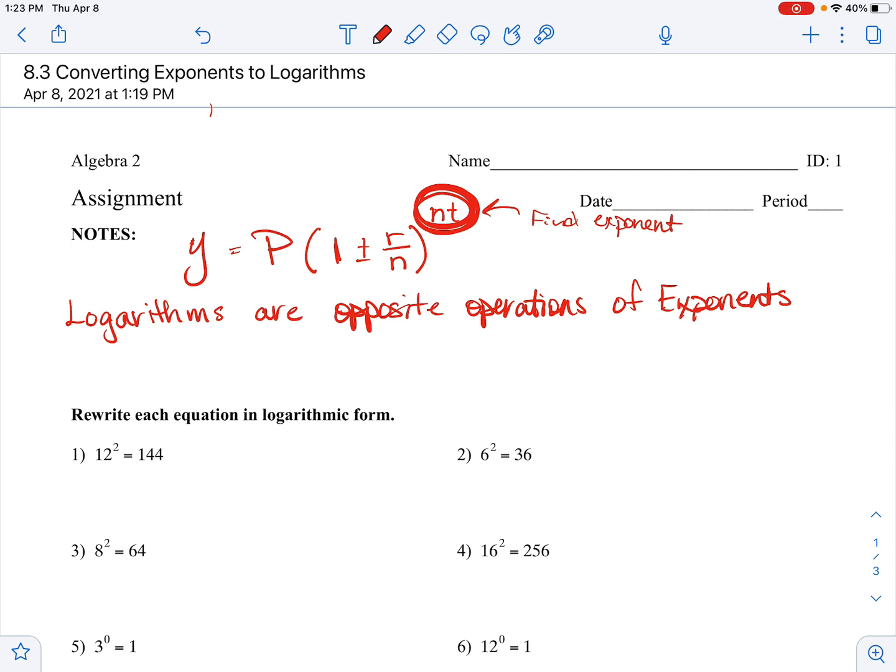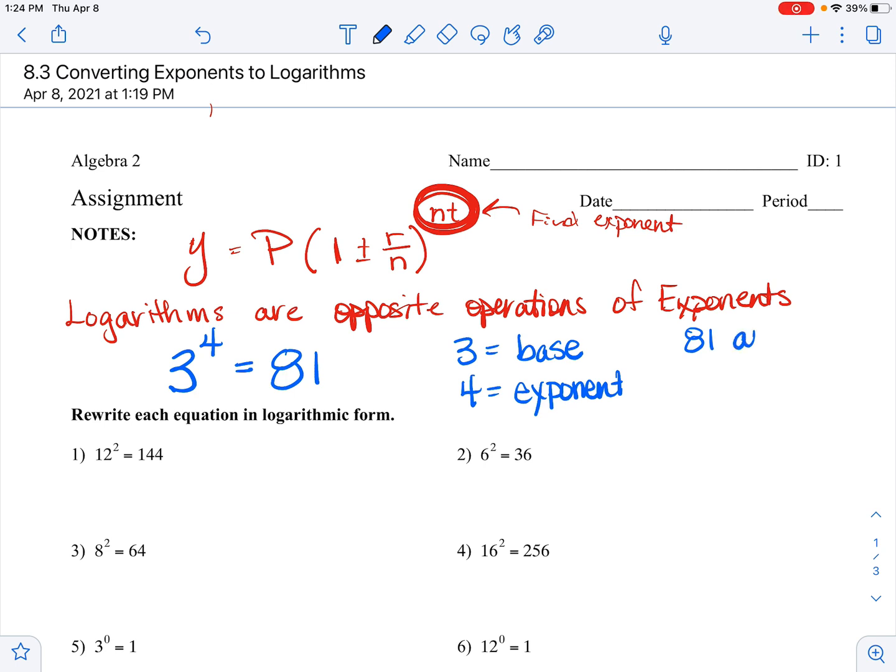So, as a reminder, if we have 3 to the 4th is equal to 81, 3 is the base, 4 is the exponent, 81 is the answer.